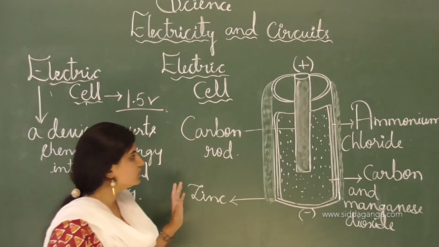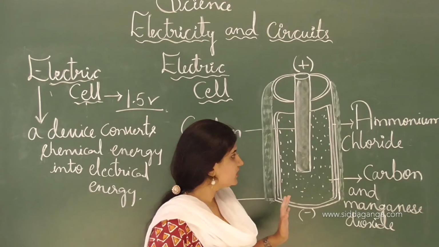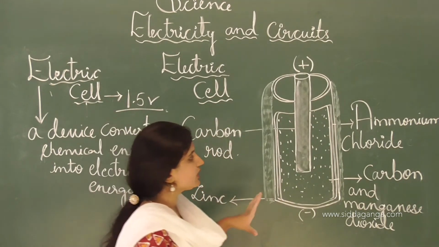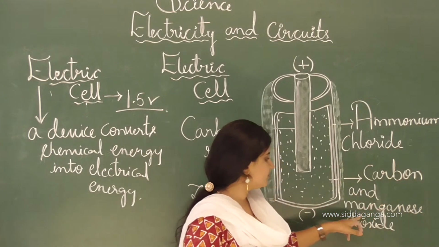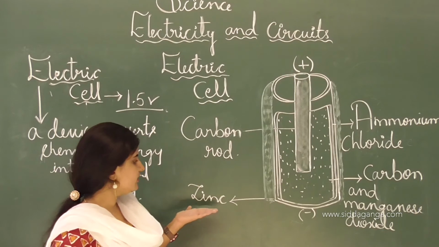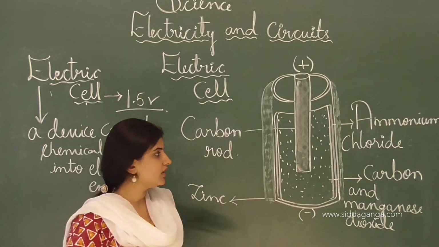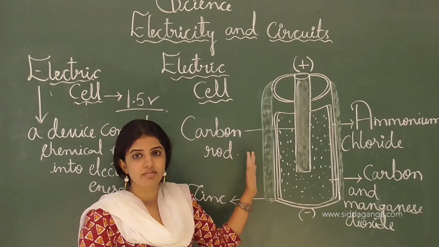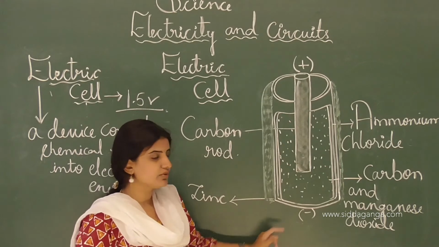See, this is how the structure is, and it is very important. Here two chemicals are used, ammonium chloride and carbon as well as manganese dioxide, and a zinc container is present, and a carbon rod which is usually situated at the center. This dry cell has two terminals, one positive and one negative.